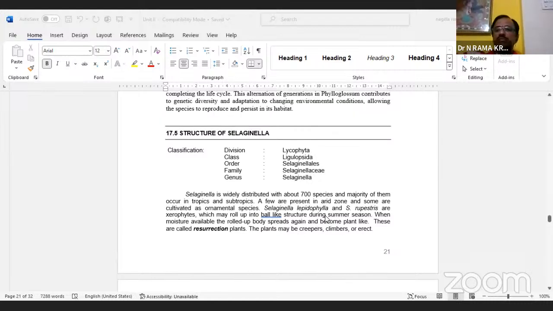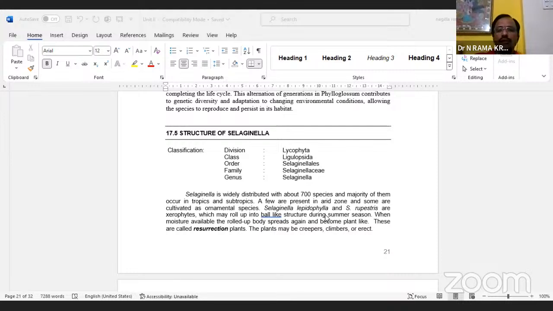A few are present in arid zones, some are cultivated, and some are ornamental species. Some members also show xerophytic characters, with xerophytic plant-like structures.